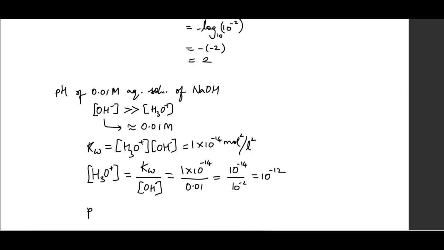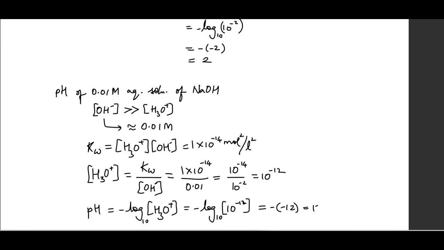So therefore pH is equal to negative log of hydronium ion concentration to the base 10, negative log of 10 raised to minus 12 to the base 10, which is minus of minus 12, which is 12.